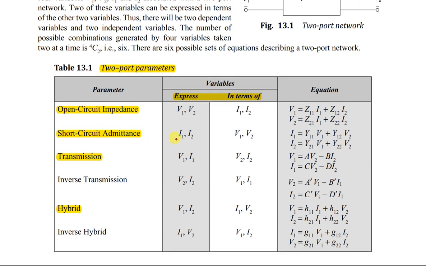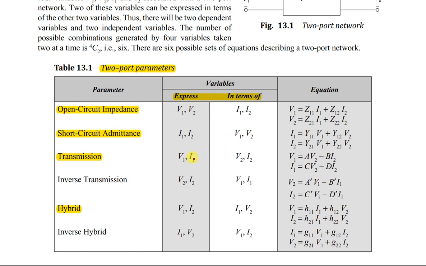The possibilities are, out of the four V1, V2, I1, I2: we can express V1 and V2 in terms of I1 and I2. That means input voltage and output voltage are expressed in terms of input current and output current. Or you can express input current and output current in terms of input voltage and output voltage.